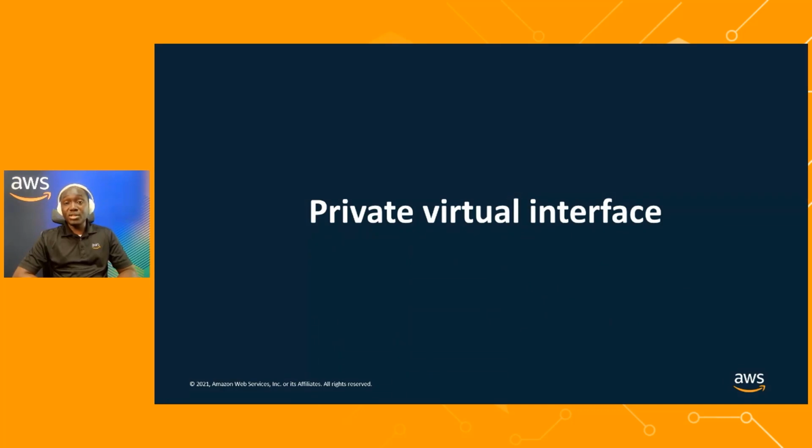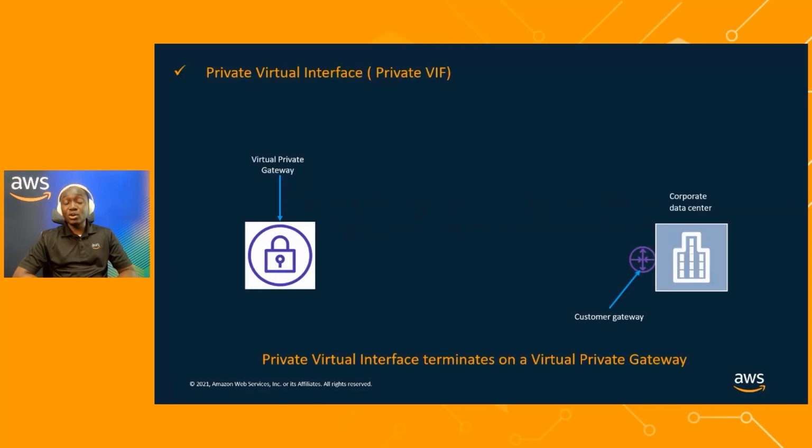This interface type connects your on-premises device and terminates on what we call the virtual private gateway at the AWS side, or the VGW. Once configured, we use Border Gateway Protocol to exchange routes between these two devices. That is what enables connectivity between your on-premises and VMware Cloud on AWS.